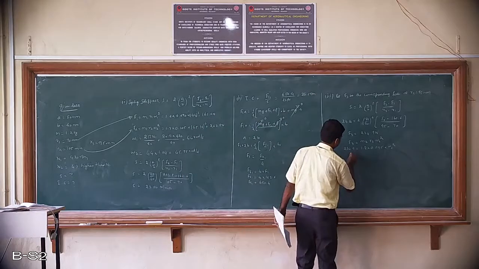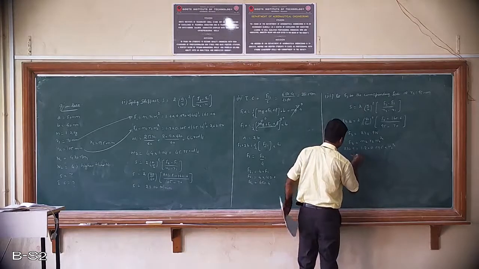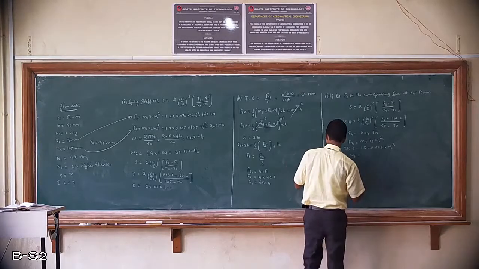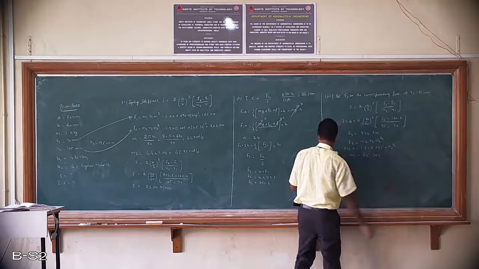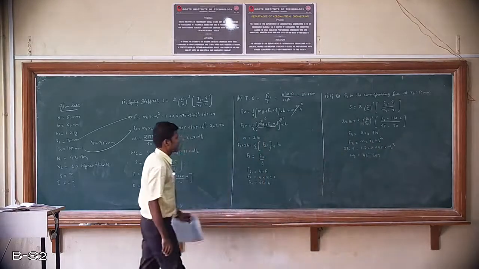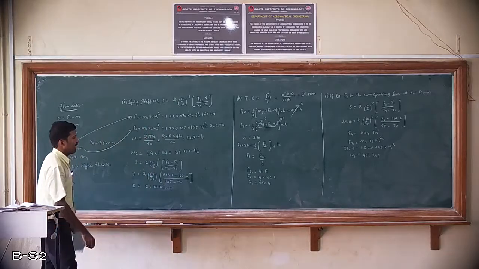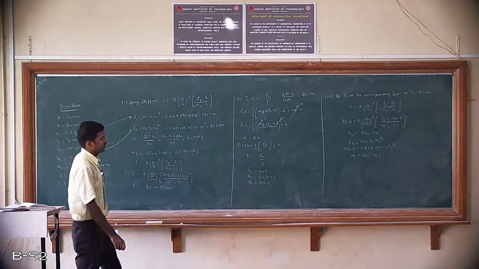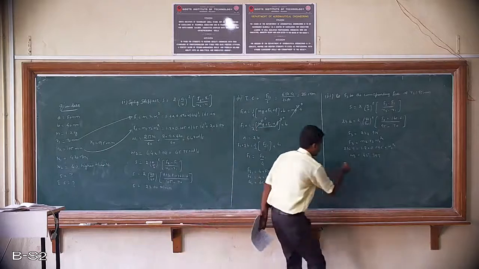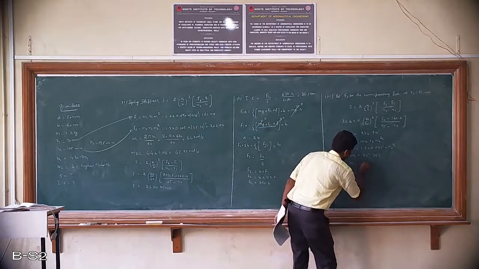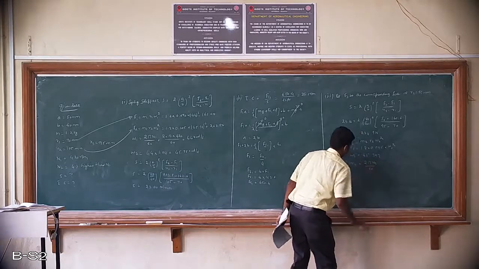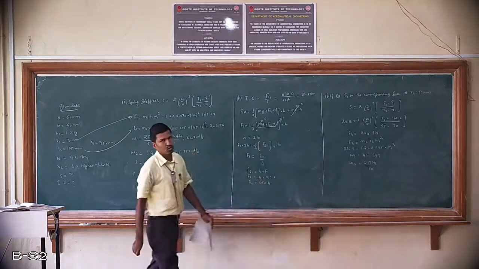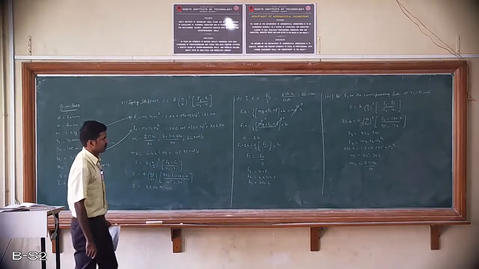So by using the calculator, I can calculate the value for omega 3 as 45.393. Once I calculate the value of omega 3, I can calculate the value of the speed. Omega 3 is equal to 2 pi N3 divided by 60.